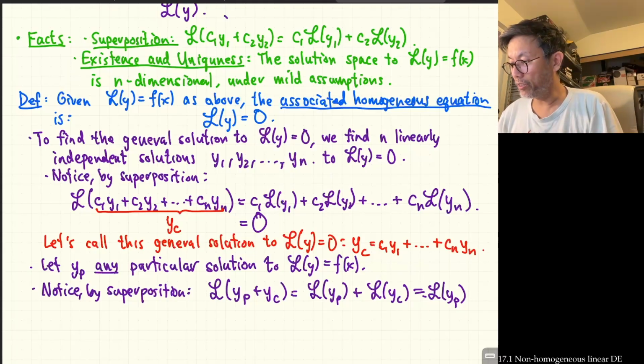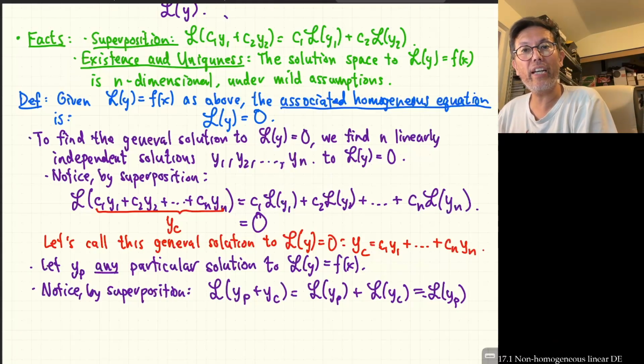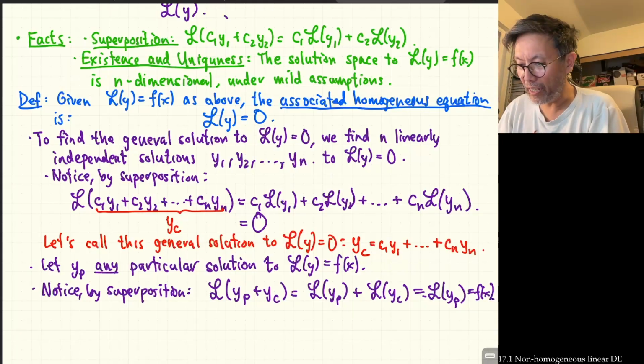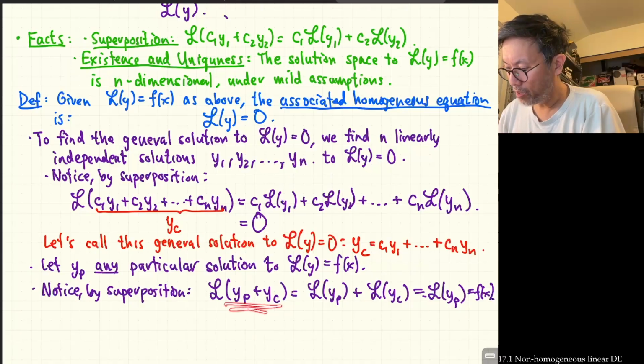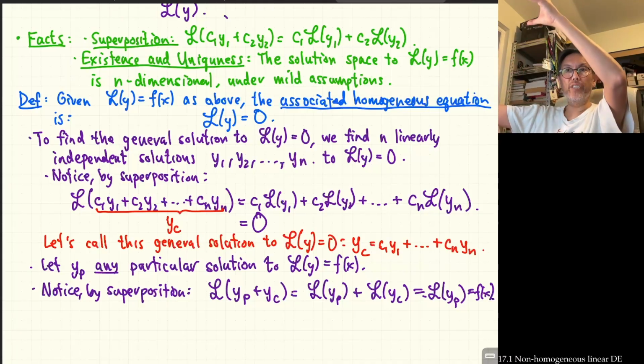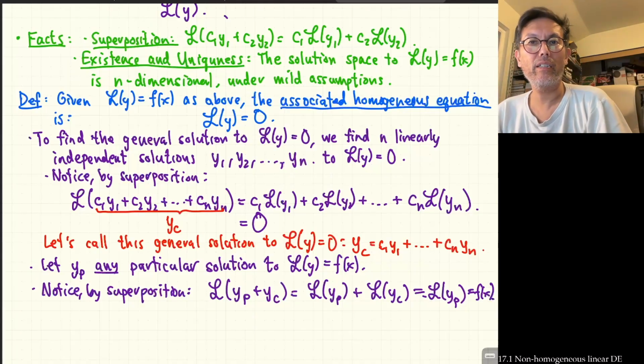It is a solution to L of y equals f of x. So L of y sub p is equal to f of x. What am I saying? I'm saying that this is a solution to L of y equals f of x. And I want you to notice that it's n-dimensional because this is n-dimensional. I've taken this n-dimensional thing and moved it by y sub p to get another n-dimensional thing over here. Okay? This is the idea.